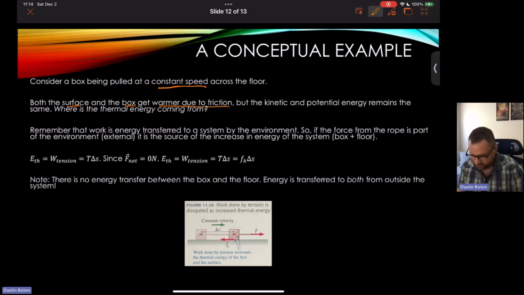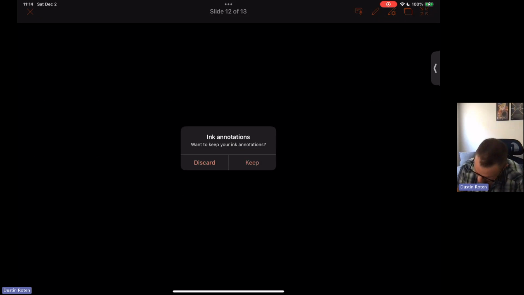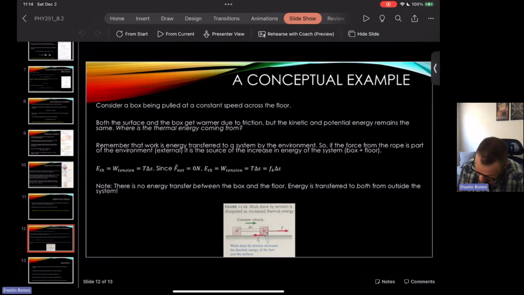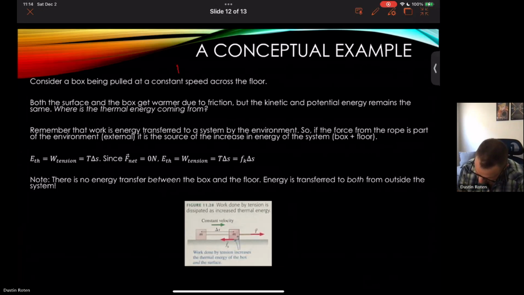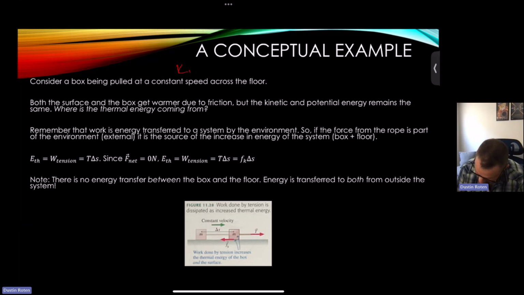So we're moving at a constant speed, so we have some sort of K macro, a macroscopic kinetic energy, but the surface that the box is sliding across and the box itself are getting warmer. Let's see, we had K macro, and then we do have the box getting warmer, which we said was going to be E thermal.